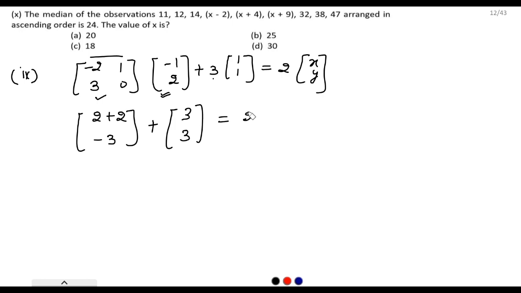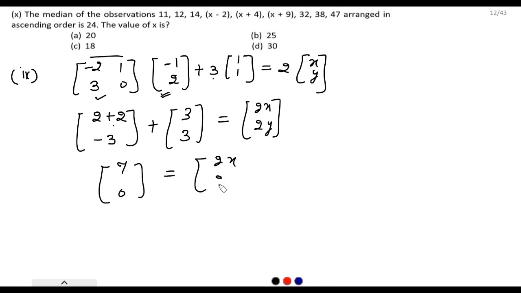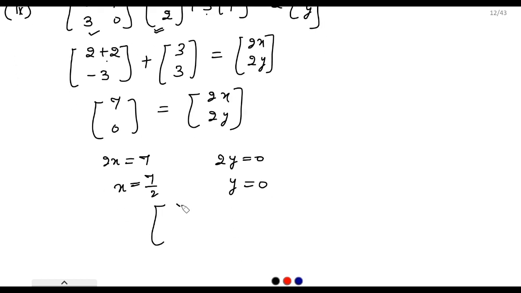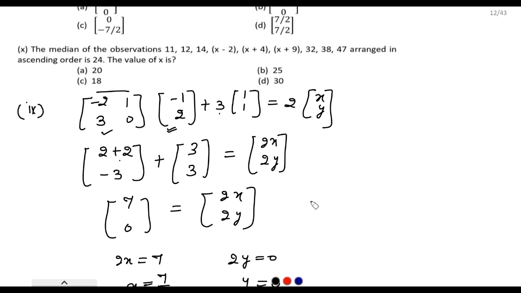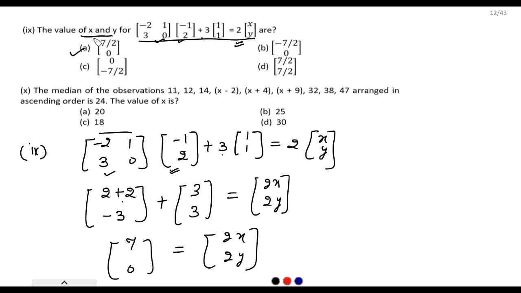In a similar way, this will become 2x, 2y. Then 4 plus 3 is 7 and minus 3 plus 3 is 0. On comparing, 2x is equal to 7 means x is equal to 7 by 2, and 2y is equal to 0 means y is equal to 0. So 7 by 2, 0 will be our answer. A is the right option.